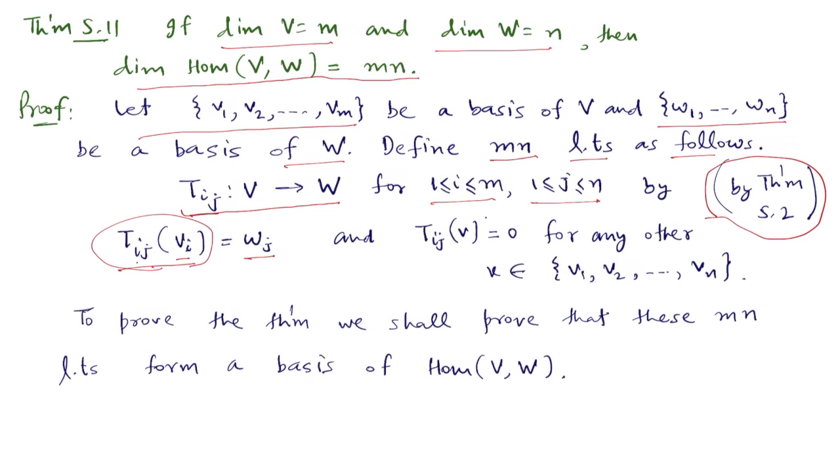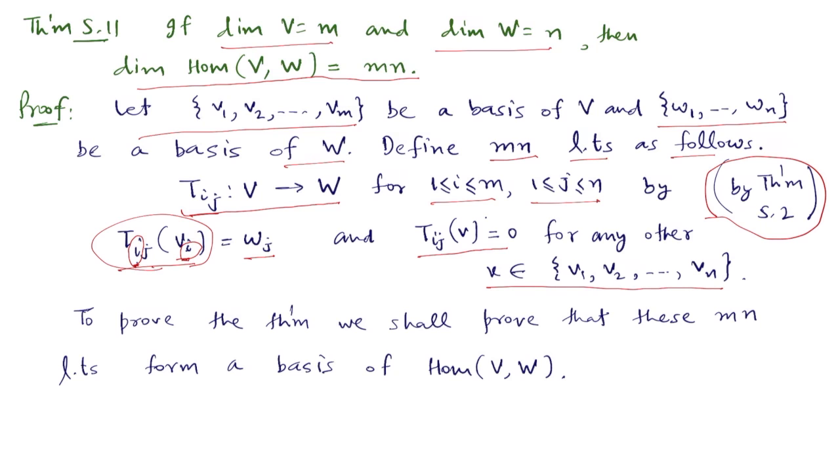So this happens when this subscript i is the same as this i, and if this is not the case, that is, the subscript i is not equal to i, then we define that Tij of v is 0 for any other basis vector v1, v2, ..., vm.